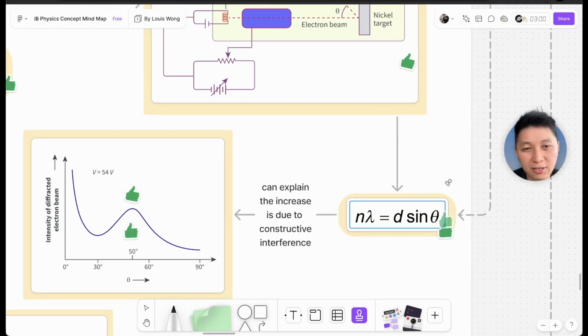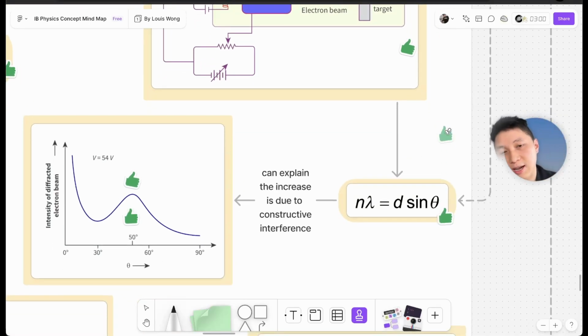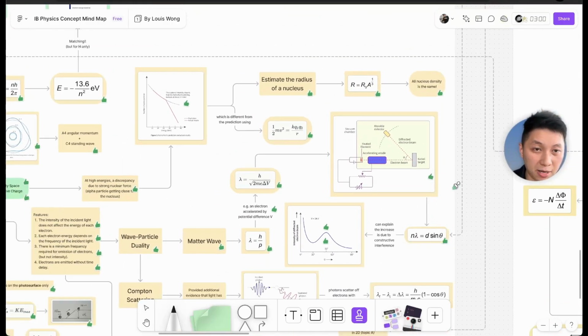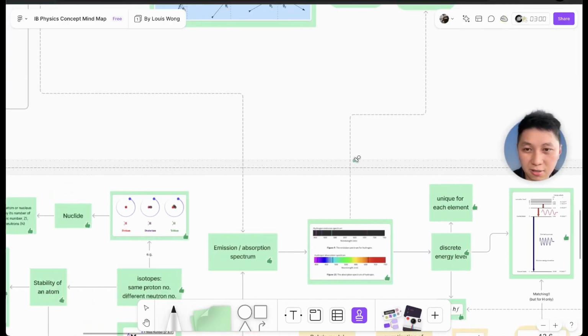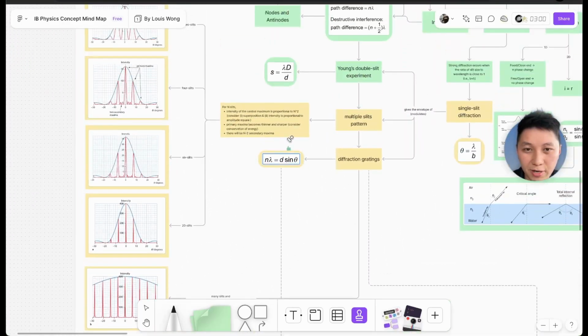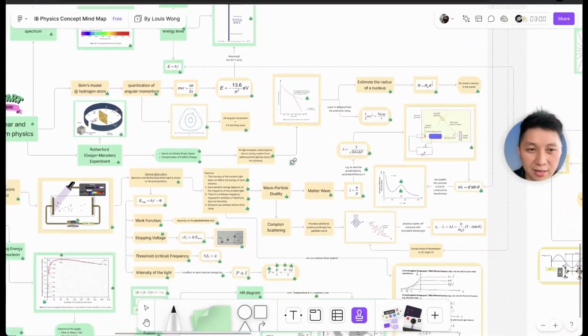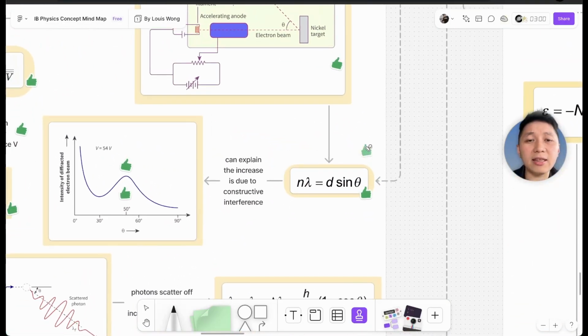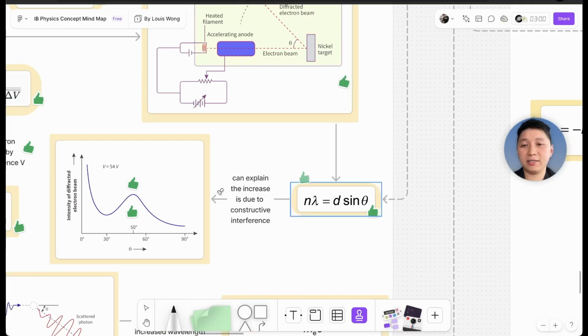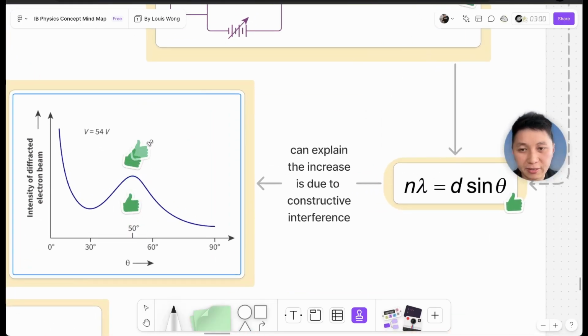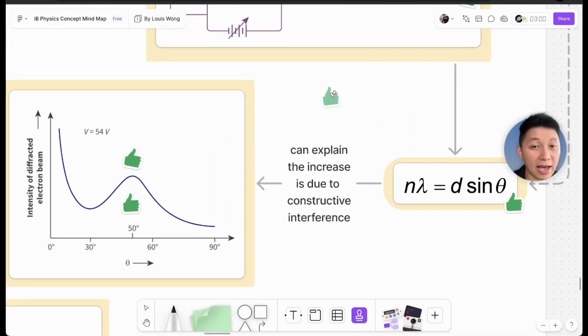And so we can actually use this equation, nλ = d sinθ. Again, if you see my dotted arrow, you know where it's coming from. This is what we learned in waves already, exactly the same thing. It literally helps us to predict and match this angle, 50 degrees, which is actually a constructive interference.